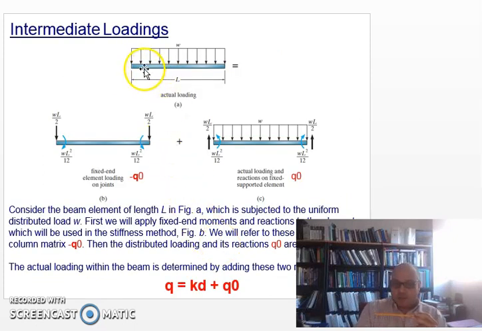In another way, it's important that for the element, if we'd like to analyze the intermediate loading, the element should be free of loading throughout its length, right here. This is necessary since the stiffness matrix that we're going to be developing here was developed for loading at the ends only, nothing within the beam.